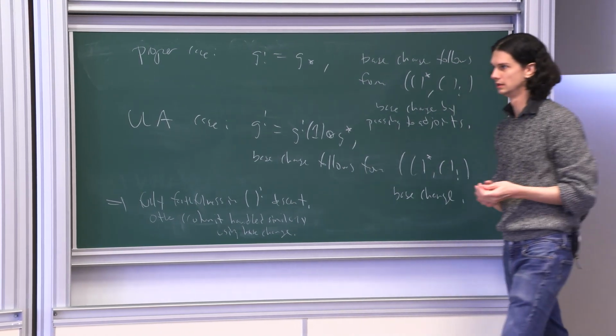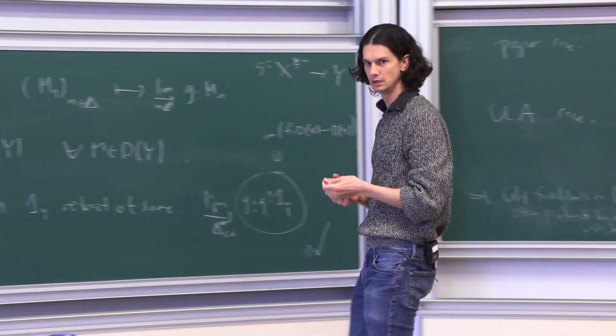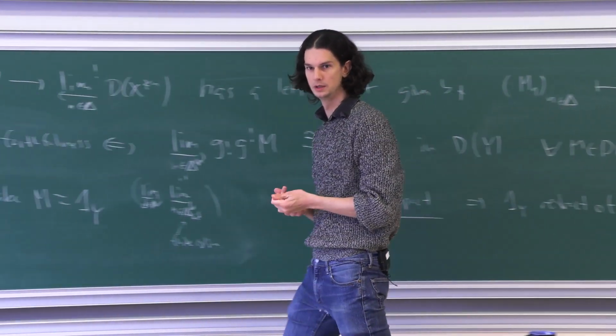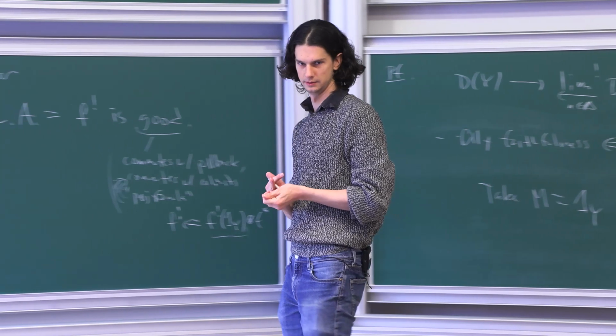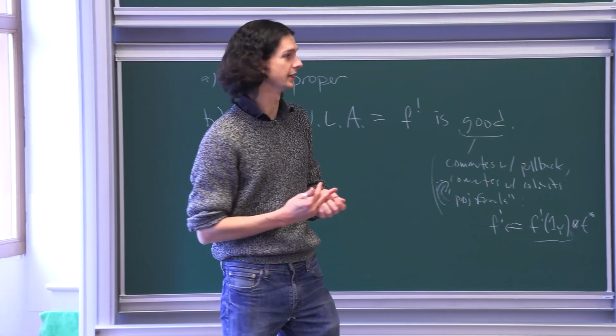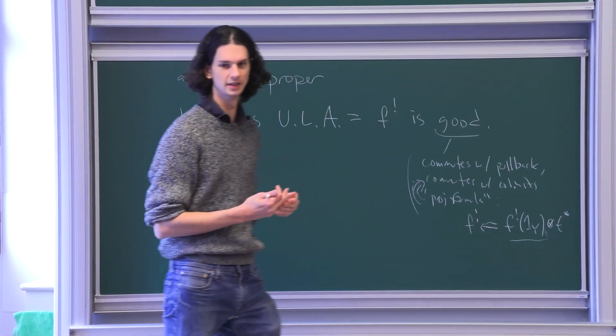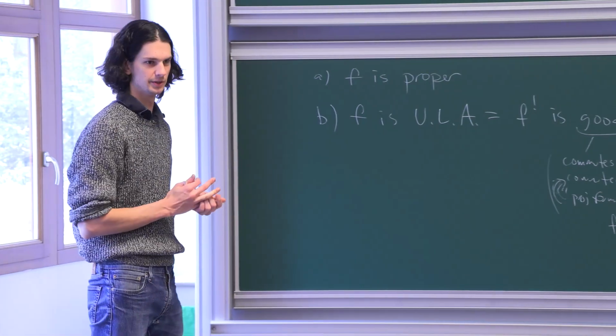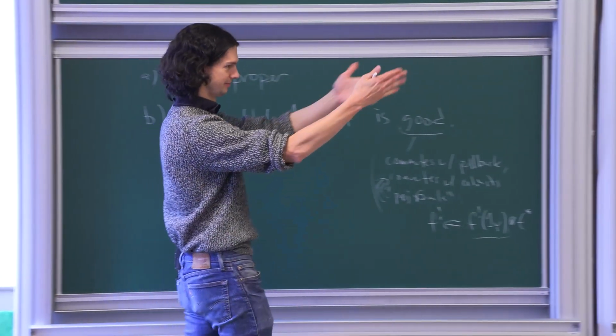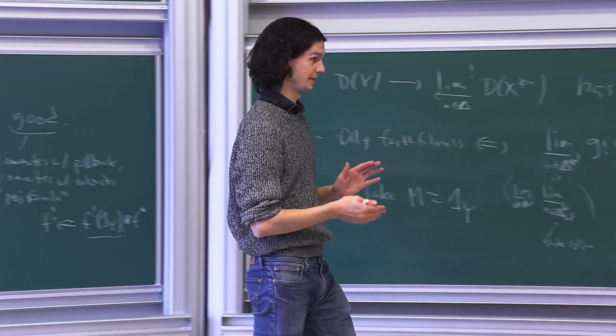So when you go from upstairs to downstairs, you reduce to a split cover, so it's even easier, but you still need some base change. Yes, exactly. You need the same base change property, that the upper shriek commutes with the lower shriek for the relevant class of maps.